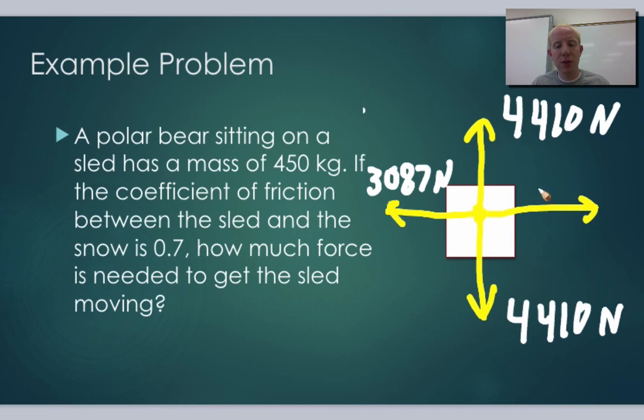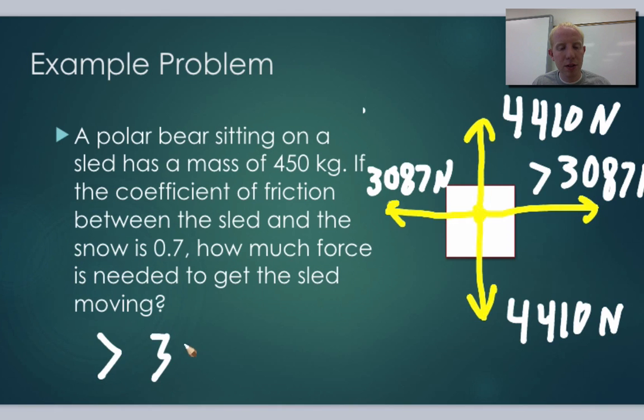But these two forces we don't want balanced. In fact, we need this force to be greater. So basically, our answer is it needs to be greater than 3,087 newtons. That's the only way that this object will start moving, if this is greater than the friction force that's being applied. So you can write your answer as greater than 3,087 newtons.